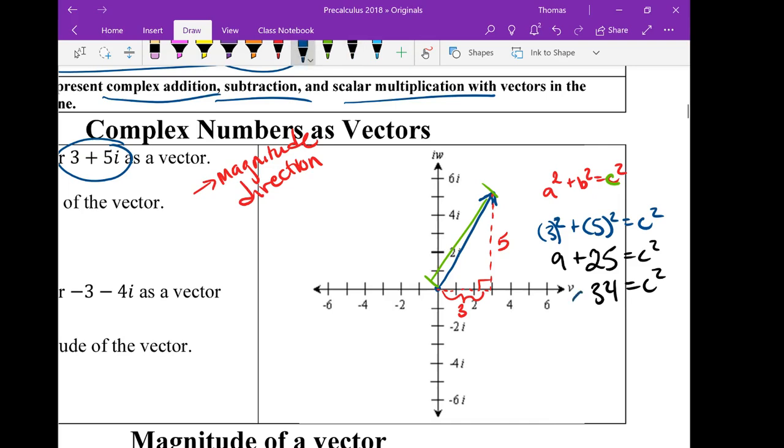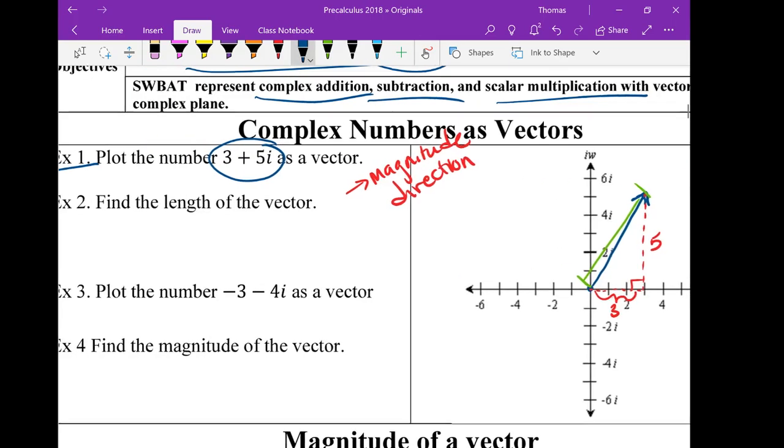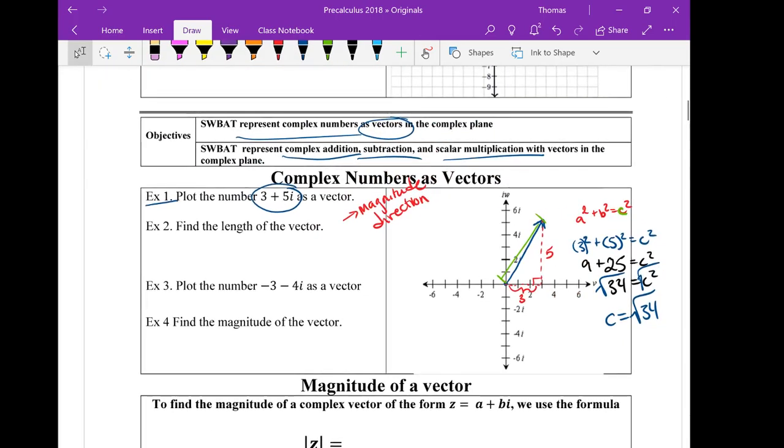If we take the square root, we get c equals the square root of 34. We used the Pythagorean theorem here. In general there's a simple formula we can use for any complex number, but the length of the vector, I'll write our step here, was the square root of 3 squared plus 5 squared, which equals the square root of 34. Nice. So we plotted it and we also found the length of the vector.